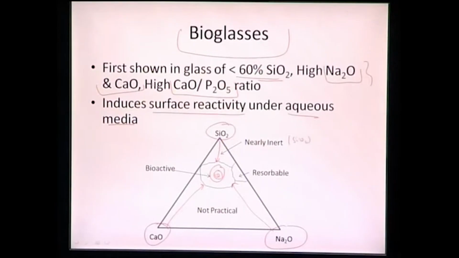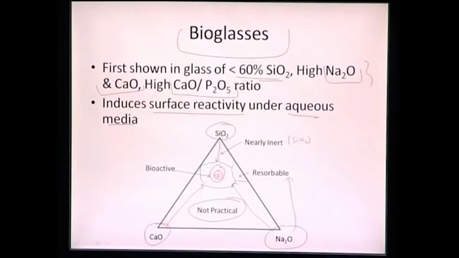Again, a certain content of Na2O can also make it resorbable. So we can have certain material which can get resorbed into the body, and as we looked at earlier, the material which is going to be resorbed into the body should also be compatible, because if I have some toxic material and it is getting resorbed, it should also be compatible with the body. The parts which are breaking off should also be compatible while they are breaking off.